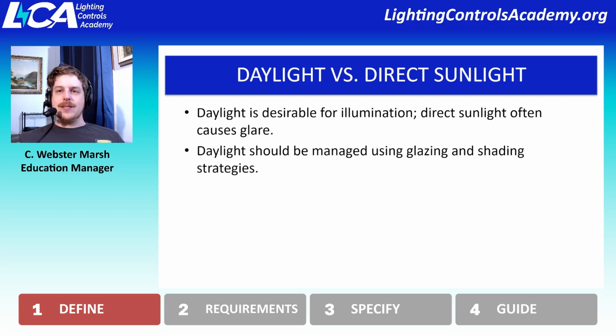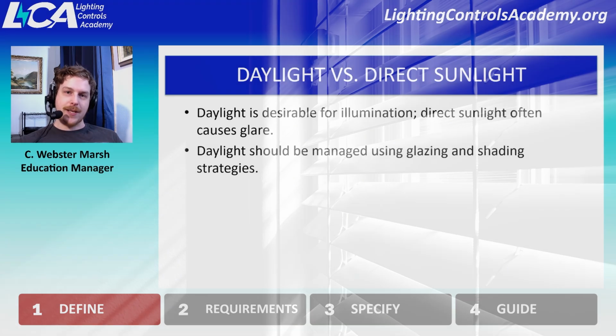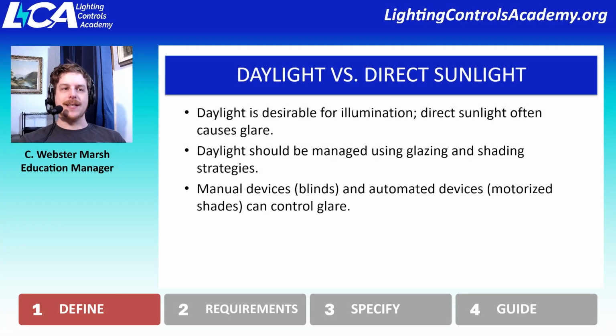Daylight is best when it's managed through some form of glazing or shading. A lot of times we have window shades that partially block the sunlight and make sure that it cuts down on the glare. We might even have permanent louvers on the outside of the building, or again, just the glazing, how we've frosted the glass, can help cut down that glare significantly.